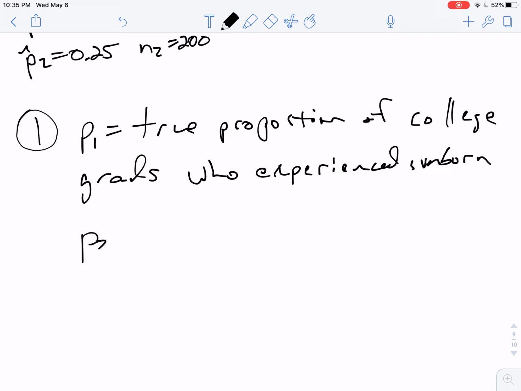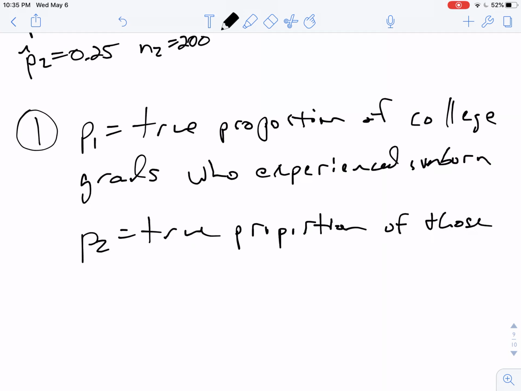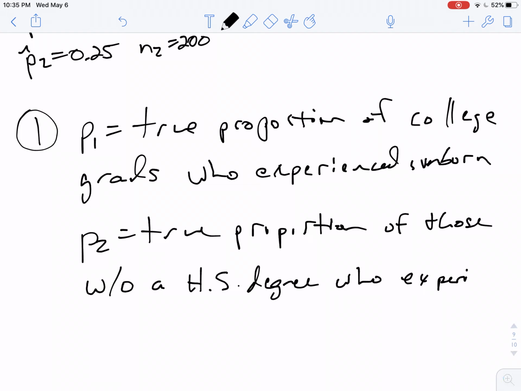And p2 is the true proportion of those without a high school degree who experienced sunburn.